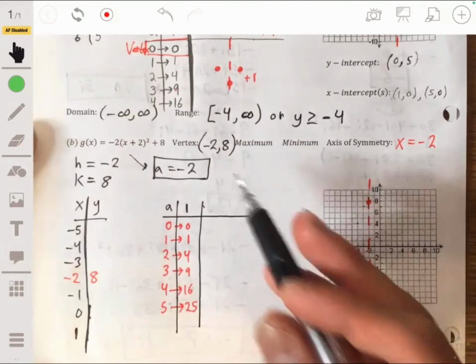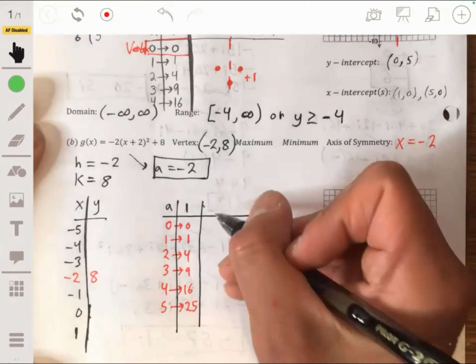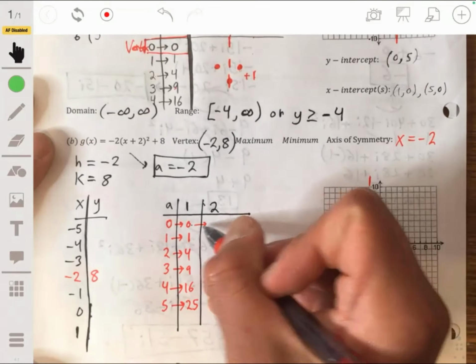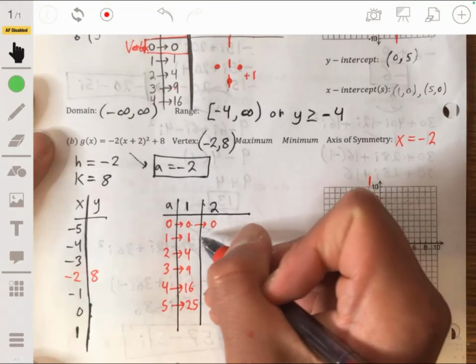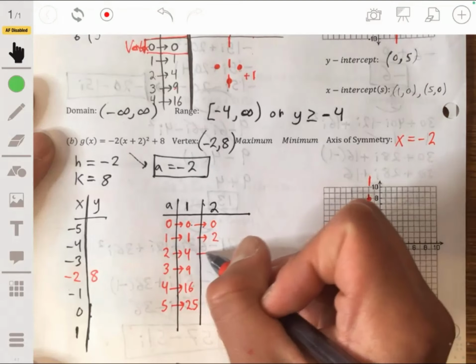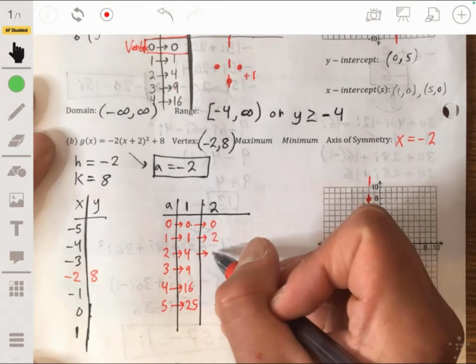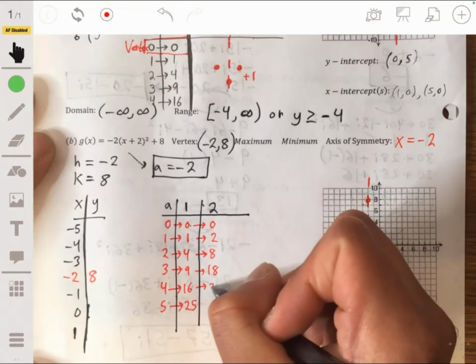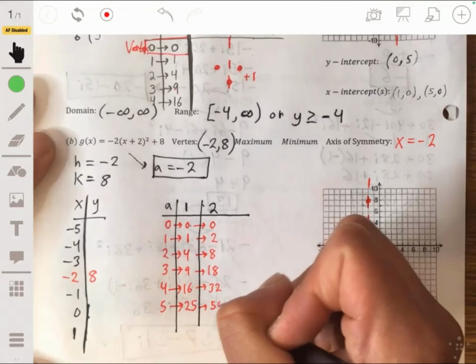But a is -2 here. So all you have to do is double these values. And this will tell you how many units away to go. So 2 times 4, 8. 2 times 9, 18. 2 times 16, 32. 2 times 25, 50.